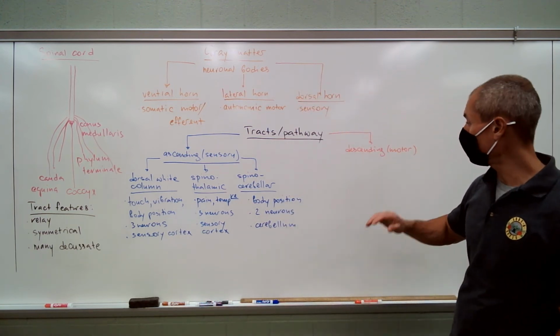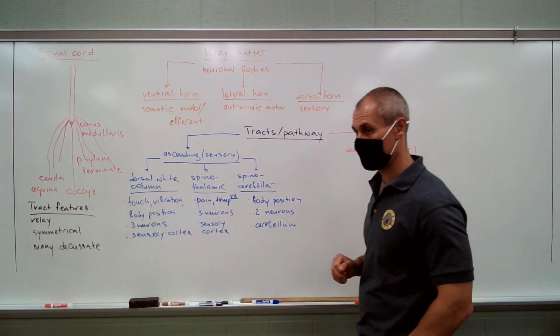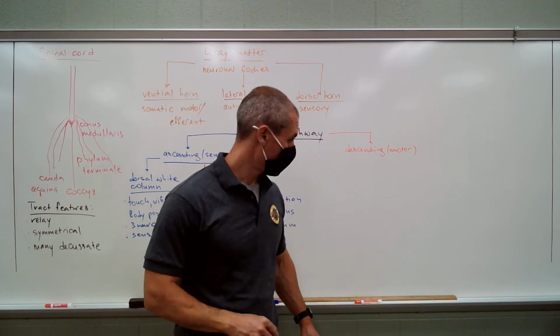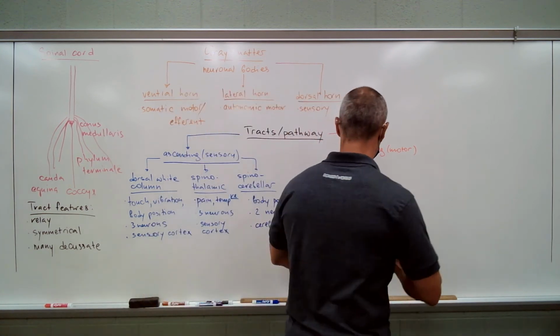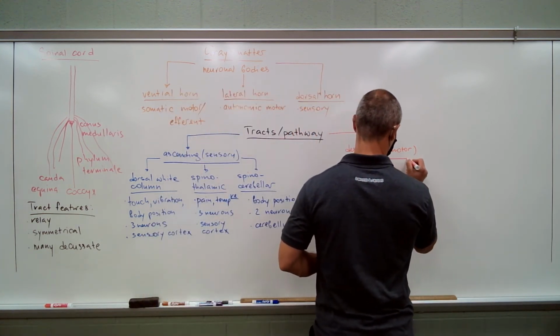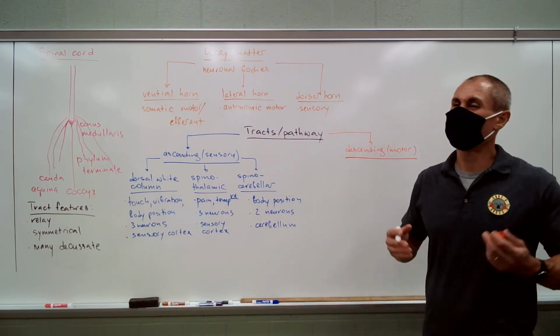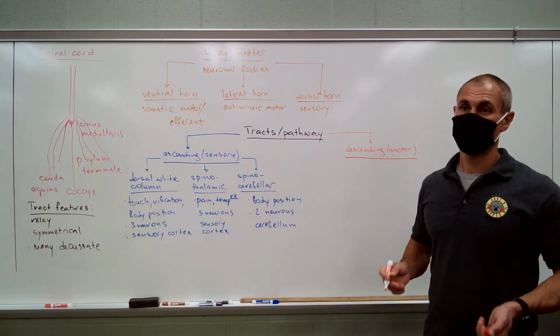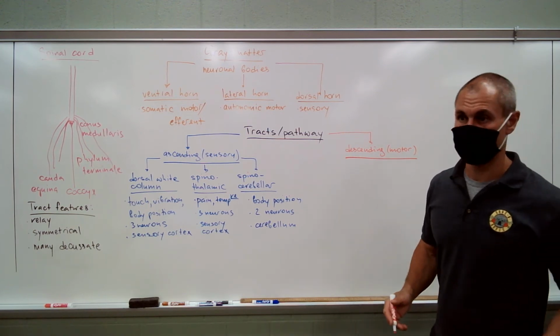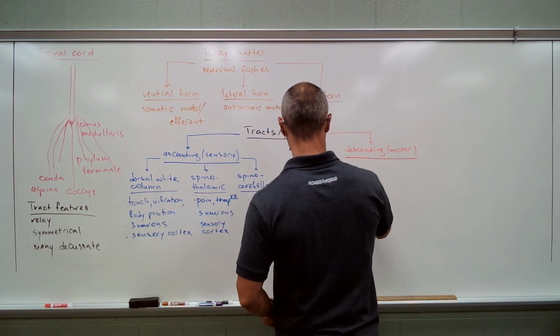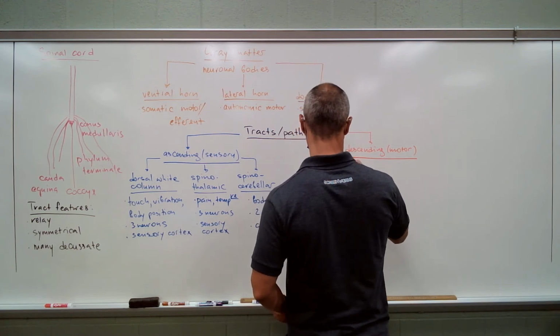So I've got ascending. Now let's talk about descending tracts. You need to know there are 5. 3 make sense, 2 don't really. So the first one is corticospinal.